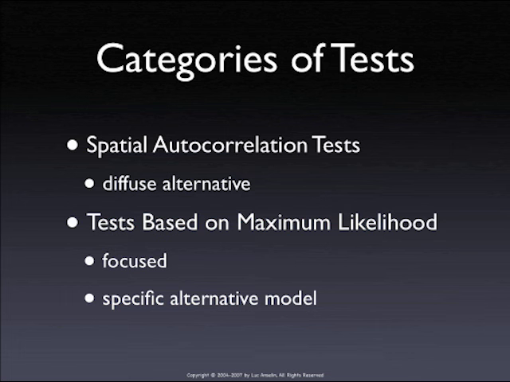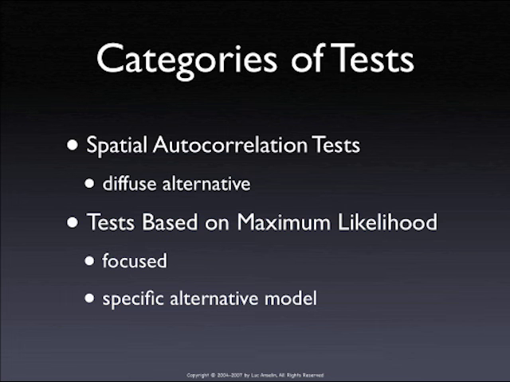The other tests are more restrictive and more focused, as we call them, in that they're put in the context of a specific alternative model. This is the case where you set as the null, say, rho equals 0, and the alternative is a spatial lag model with a non-zero rho and a specific weights matrix.